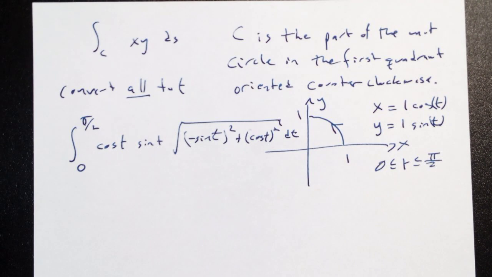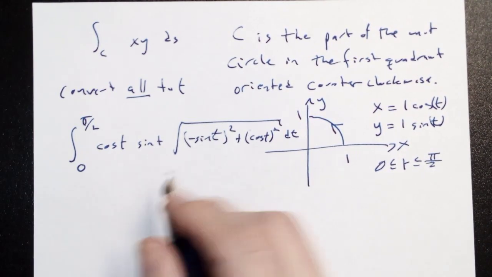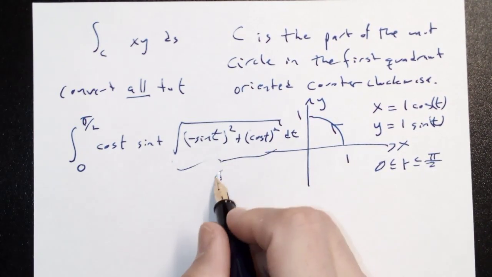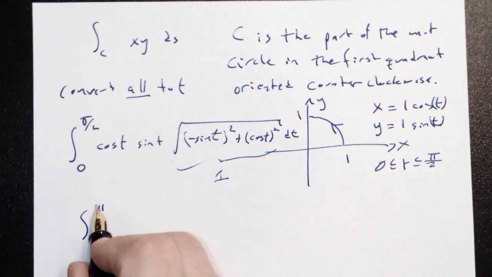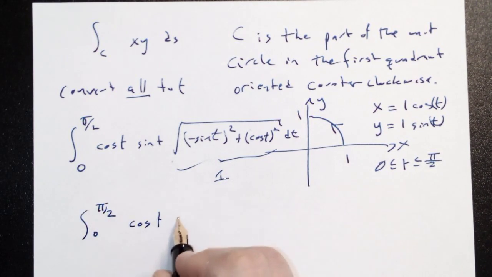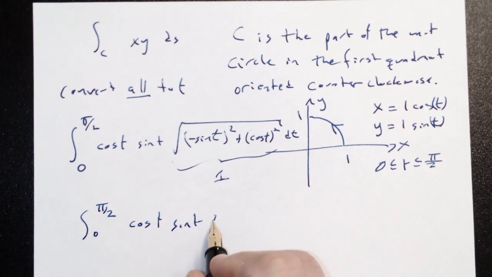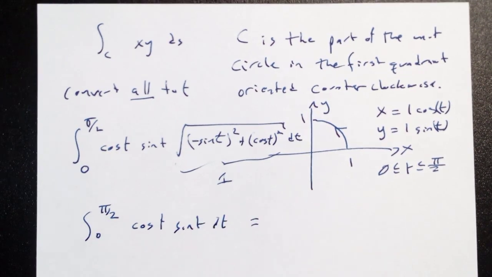First question, what's under the square root? Sine squared plus cosine squared, that's a 1. Which makes this the integral from 0 to pi over 2 of cosine t sine t dt, which happens to be a really easy integral.